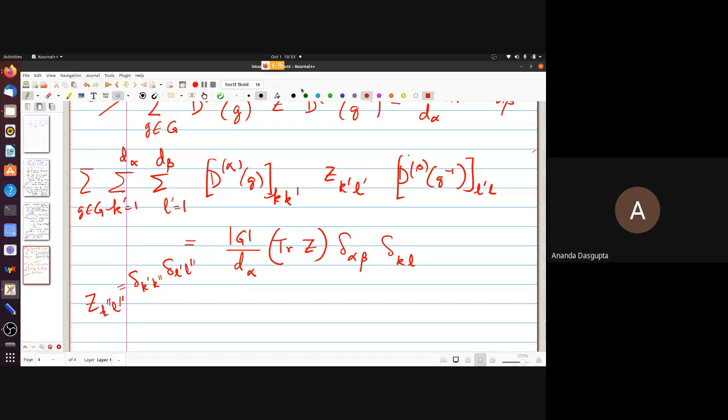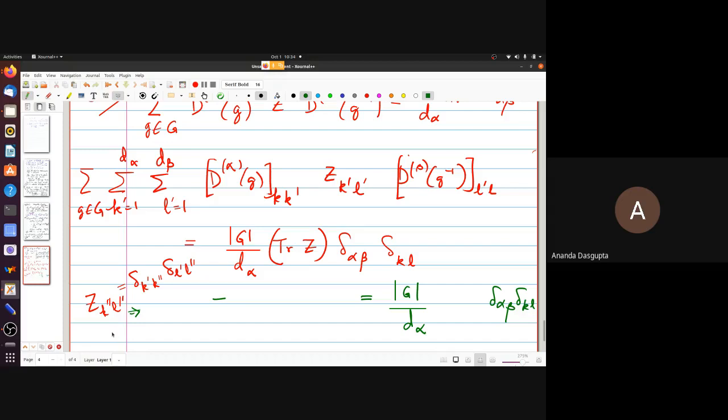Okay? And then what will the right hand side become? First of all, that's the easy one. Mod G of course has nothing to do with what Z you've chosen, neither does delta alpha beta delta KL. These have nothing to do with the Z. So what is the trace of Z now?